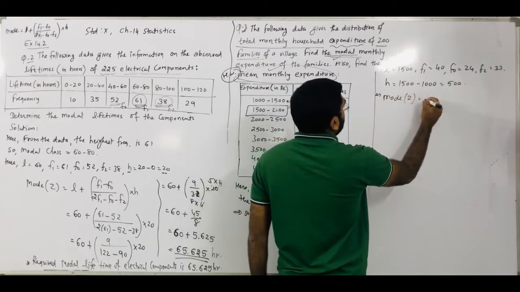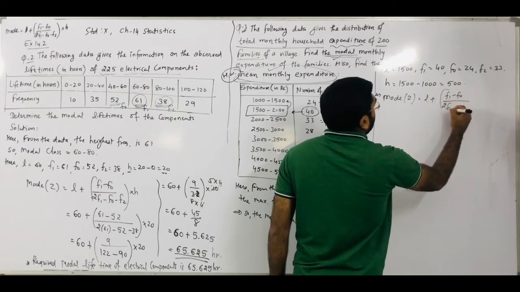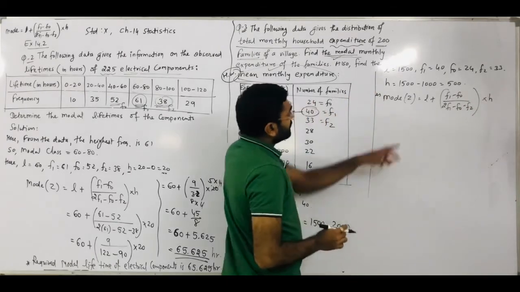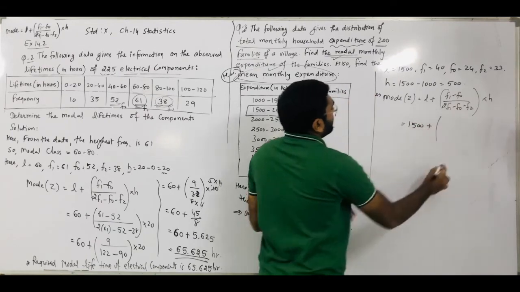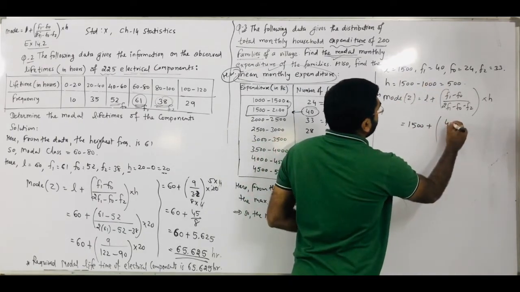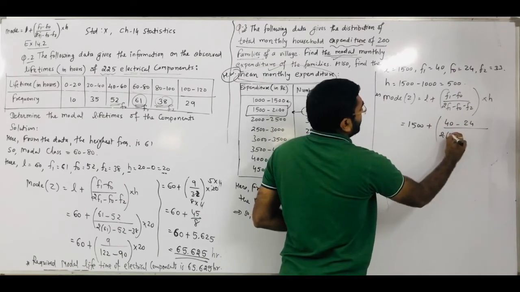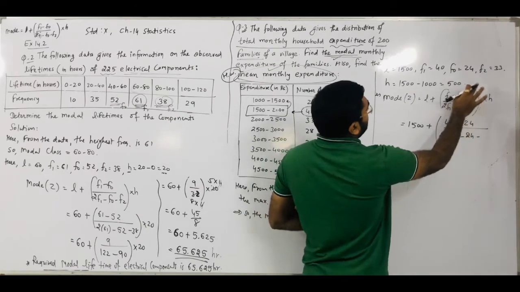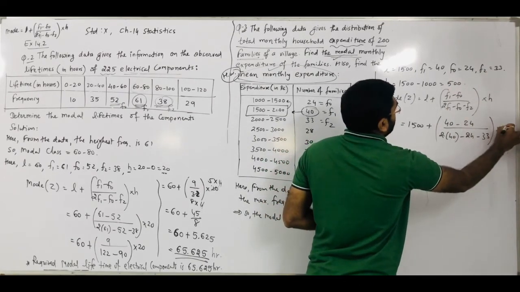Mode Z is equal to L plus (F1 minus F0) upon (2F1 minus F0 minus F2) into H. L value is 1500, plus F1 value 40 minus F0 value 24, divided by 2 times 40 minus F0 which is 24 minus F2 value which is 33, into H value 500.